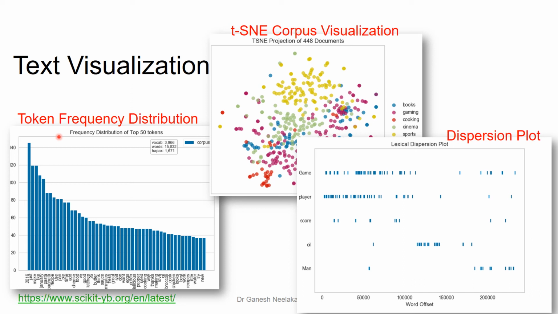Or the token frequency distribution. So how frequently one particular word is occurring. For example, 2016 in this example occurred around 150 times. Whereas a word such as try or new occurred only a few times, less than 40 times. So there are different ways of visualization. We have seen only a glimpse of it.